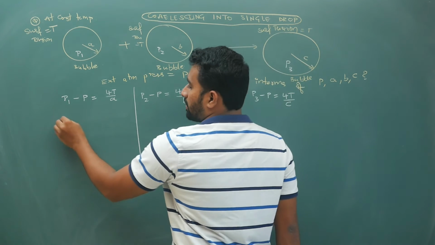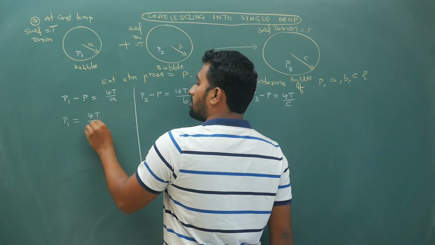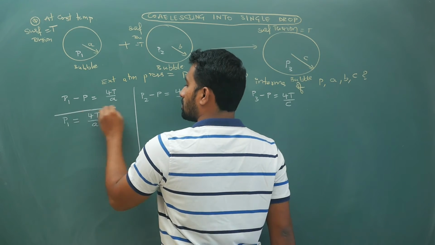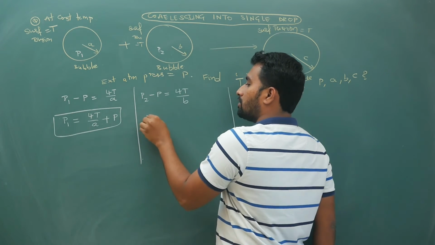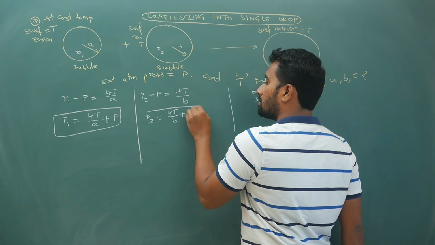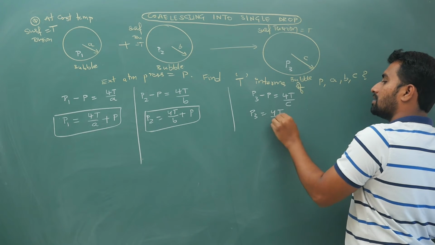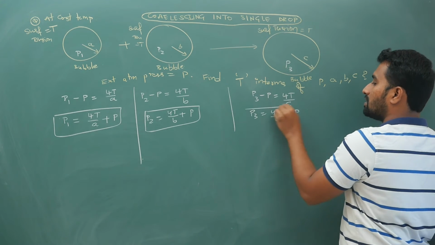Now from here, P1 is 4T by A plus P, P2 is 4T by B plus P, P3 is 4T by C plus P. What finally do I want?